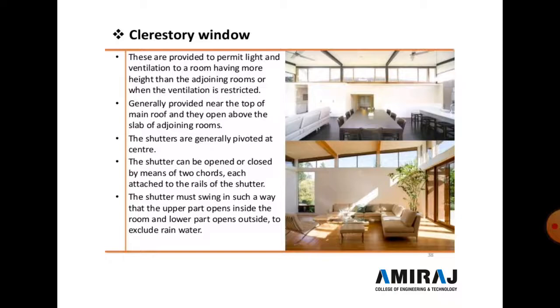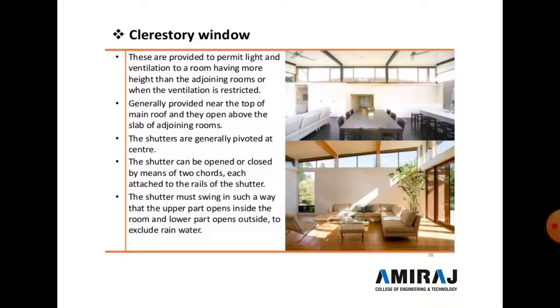The shutters are generally pivoted at the center, and can be opened or closed by means of two cords, each attached to the rail of a shutter. The shutter must swing in such a way that the upper part opens inside the room and the lower part outside, to exclude rainwater.